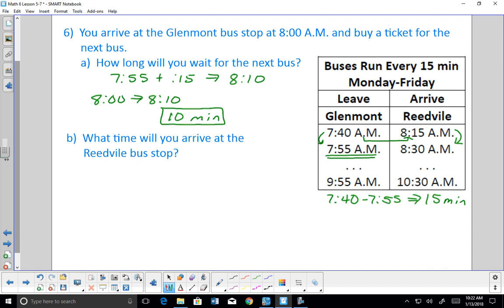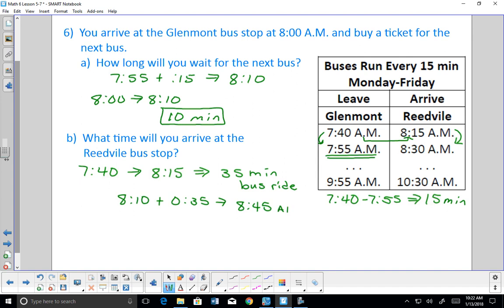So from 7:40 to 8:15, okay, is a 35-minute bus ride. So if it's a 35-minute bus ride and I leave at 8:10, 8:10 plus 35 minutes means I will get there at 8:45. And of course, you always need to tell people if it's AM or PM.